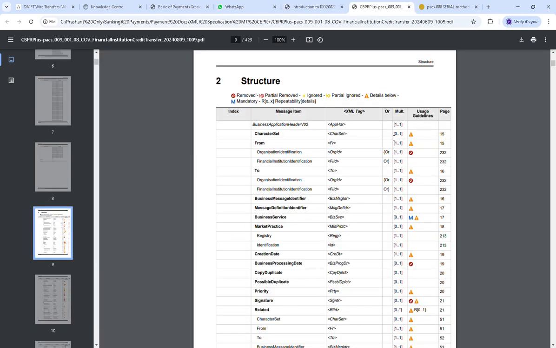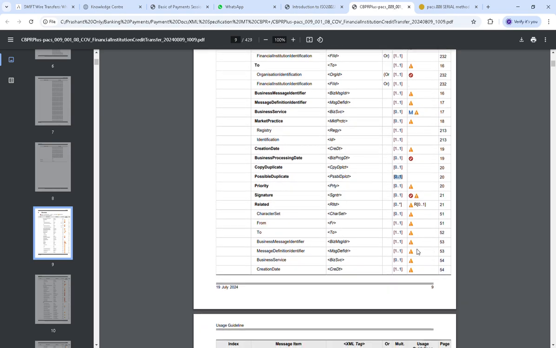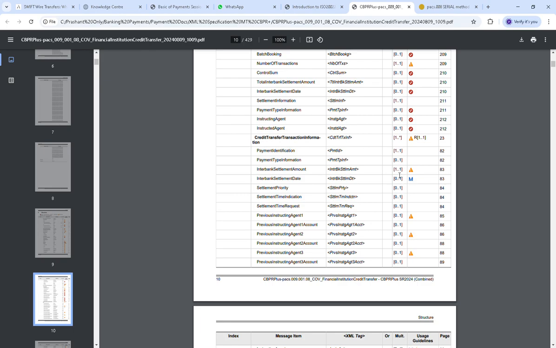Then 01 character set, this is optional. Whatever is mentioned 11 is mandatory, 01 is an optional element. You have to read the document like this: optional element, not required.